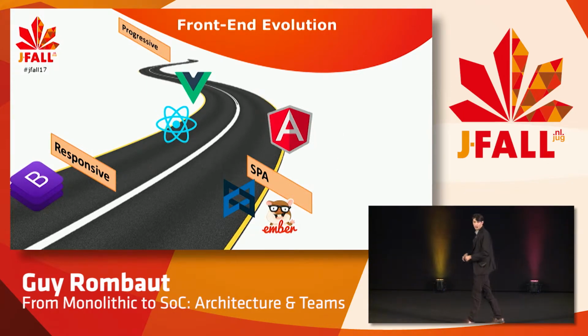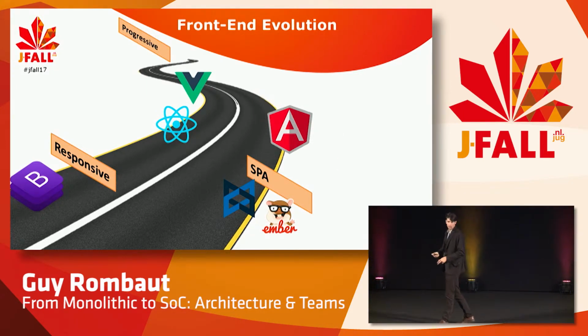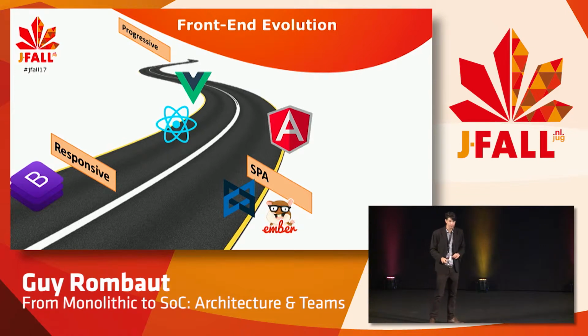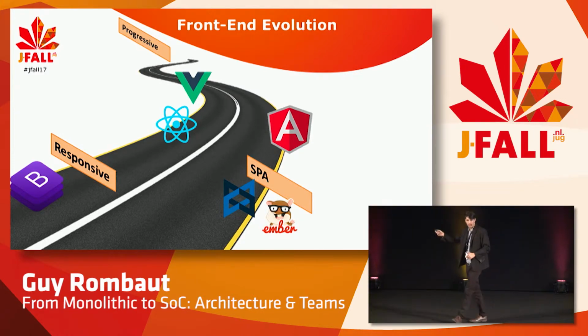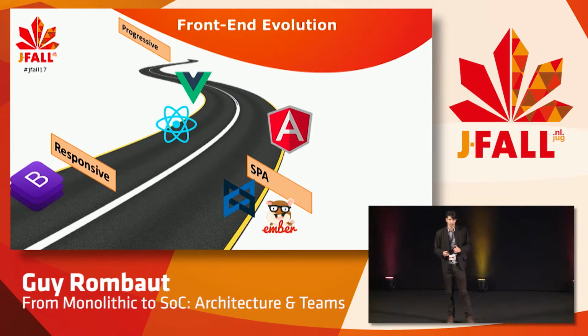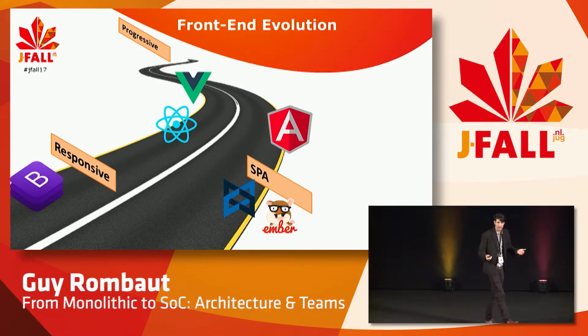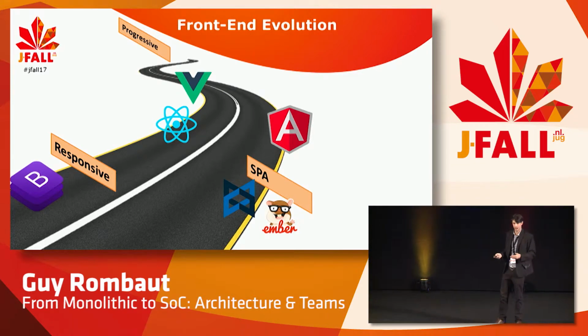And later on the way, we started having more libraries, some of them, for example Bootstrap, taking care of responsiveness, because you want the website to work on mobile devices, on iPads, tablets, and so on and so on. Later, we had SPA, single-page applications, with Angular, with React. And now we're coming into an age of progressive web applications.